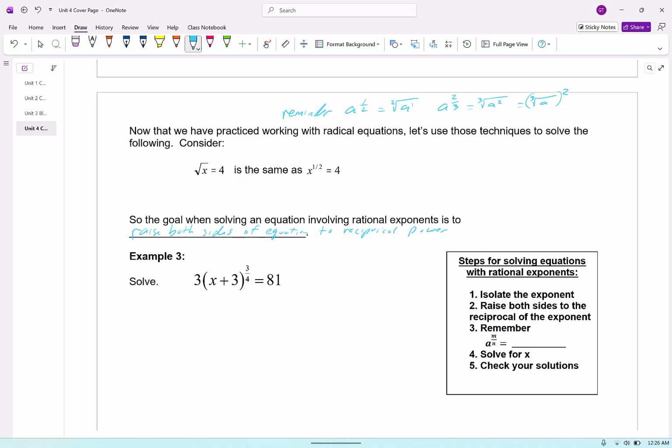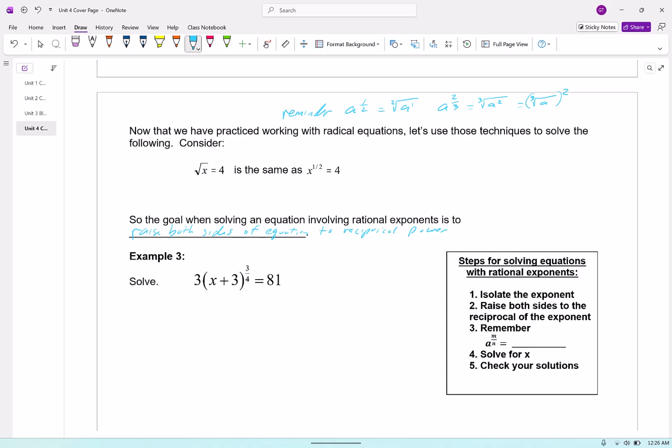Reciprocal is just the flipping of the numerator and denominator. If it's a whole number, like 81, that's 81 over 1, and the reciprocal would be 1 over 81. Just reminding you what that actually means.